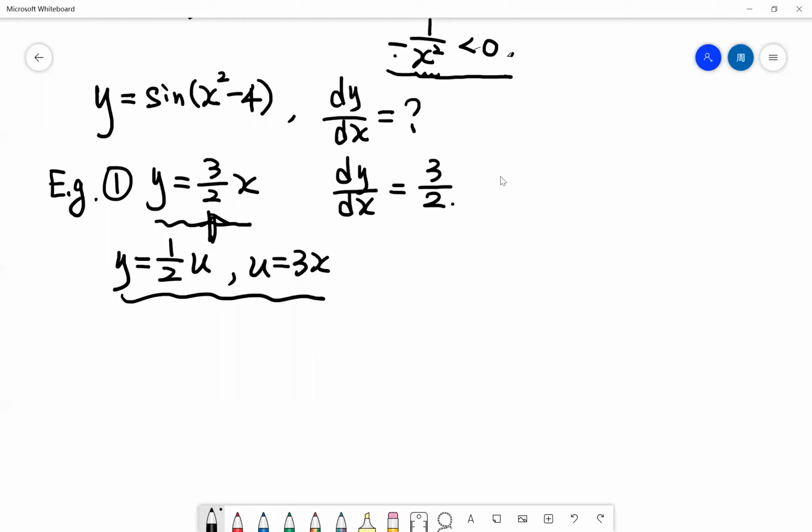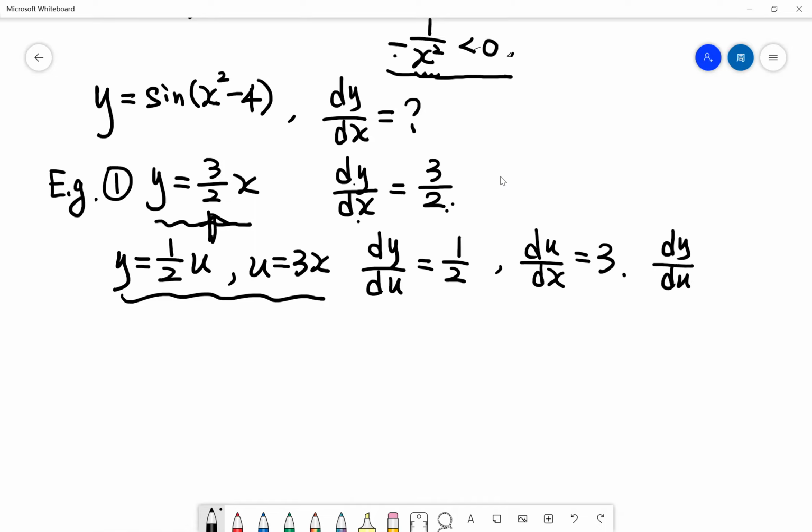So here you will see that dy by du equals 1 by 2, and du by dx equals 3. So you will find one thing: dy by dx equals 3 by 2, and dy by du times du by dx also equals 3 by 2, right?